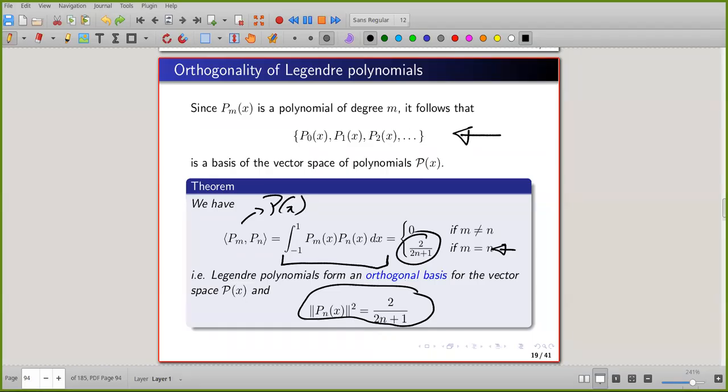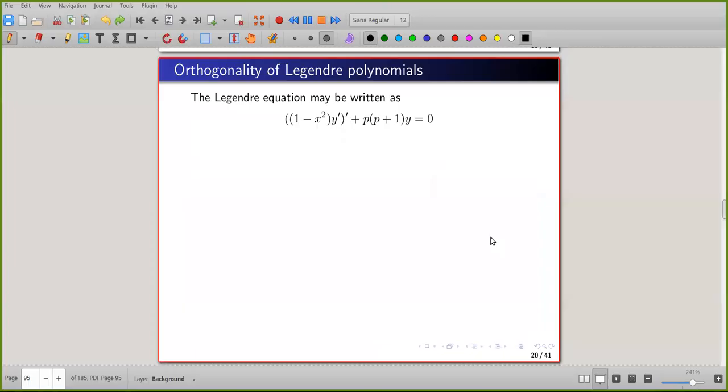Okay, so let's go ahead with the proof. The Legendre equation may be written as d by dx of (1 minus x squared) times y prime, which is equal to (1 minus x squared) y double prime minus 2x y prime.